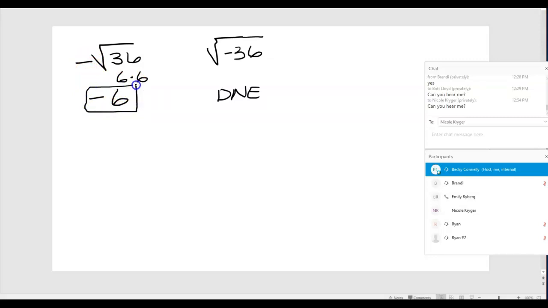But on the second one, there's no two numbers that you can multiply together that will give you negative 36. If you do negative 6 times negative 6, that's a positive 36. And you can't do 6 and negative 6 because those are very different numbers. So that's why it doesn't exist. Okay? So just keeping those straight.